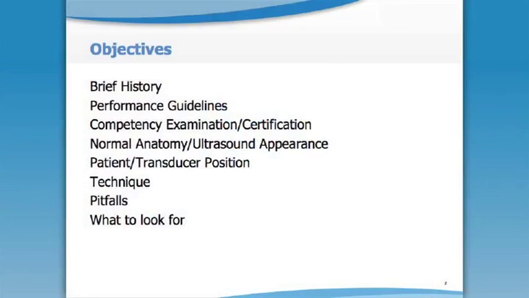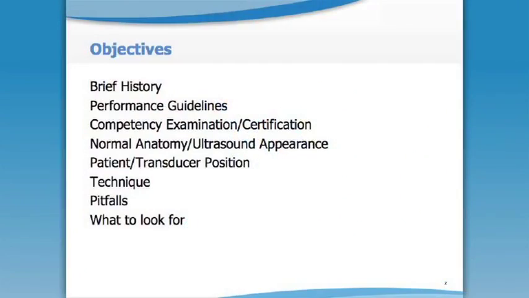bit about that. Go into talk about normal anatomy, the ultrasound appearance of the various structures that are important to evaluate when you're looking at the rotator cuff, and the transducer position on the patient as you're looking at the various tendons of the rotator cuff.